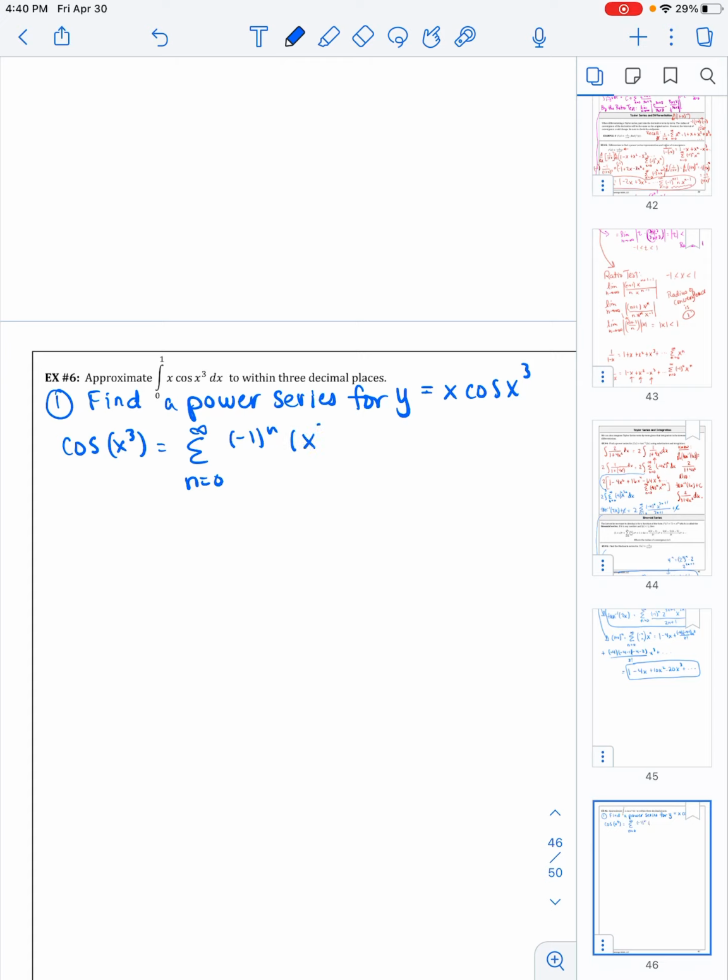So cosine x cubed is the summation n equals 0 to infinity, negative 1 to the n. Normally this would be x to the 2n divided by 2n factorial, but since our x is now x cubed, we put the x cubed in, and now we'll simplify.